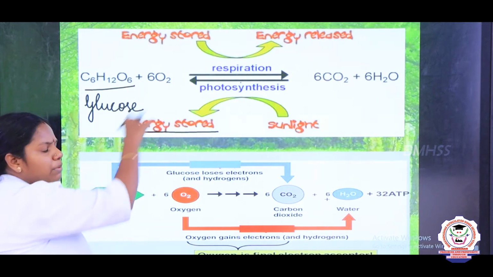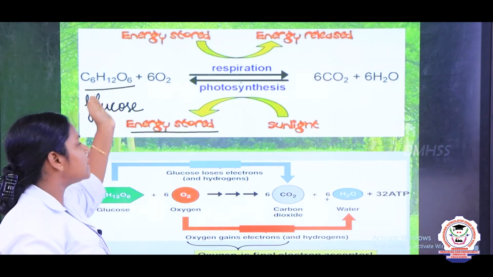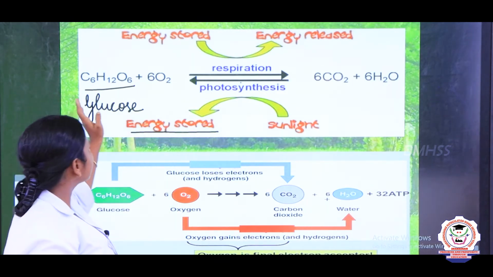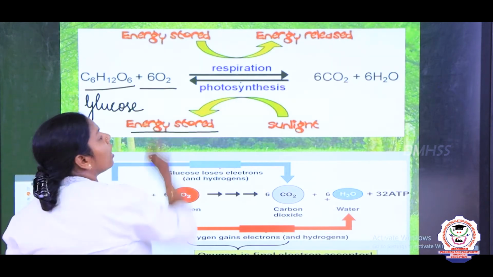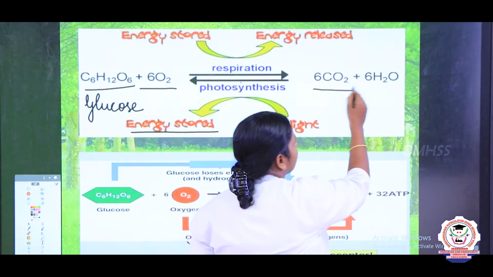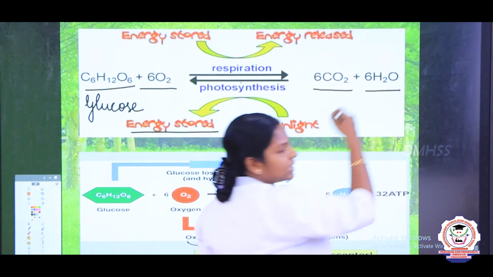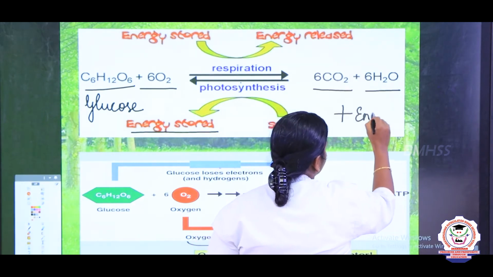And at the time of respiration, what happens? By using oxygen, the glucose gets broken down. The glucose, C6H12O6, when it combines with oxygen, gets broken down into carbon dioxide, water and ATP, right? That is, the energy is released.